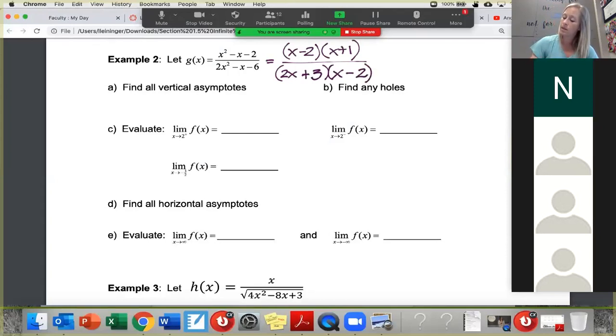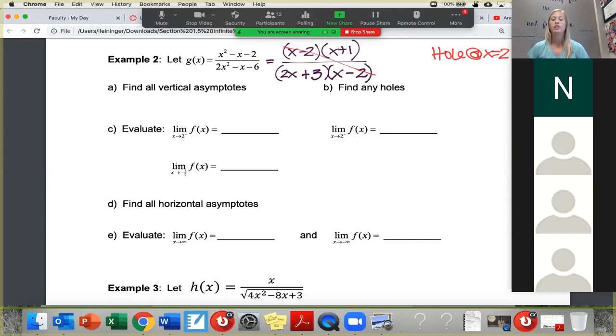And before we did anything else, what did we say about the factors top and bottom if there was one that was the same? Cancel it out? Yep, we can cancel it out. And that's going to be a hole in the graph at x equals 2. They're not asking about that right here, but what's important is that x equals 2 is not a vertical asymptote.